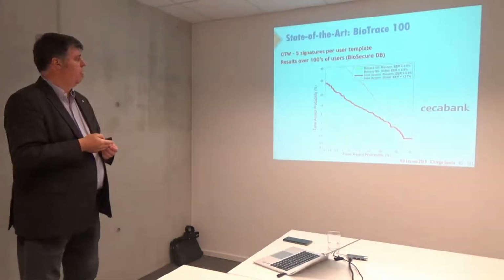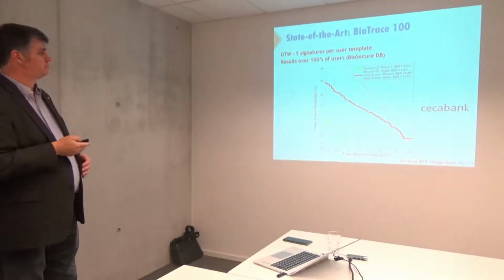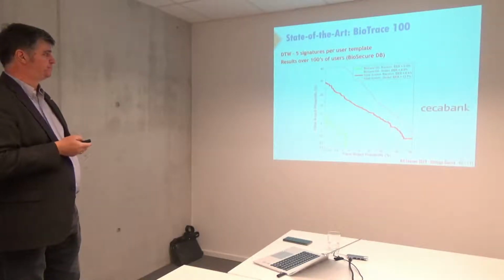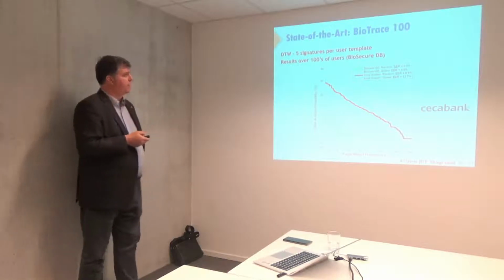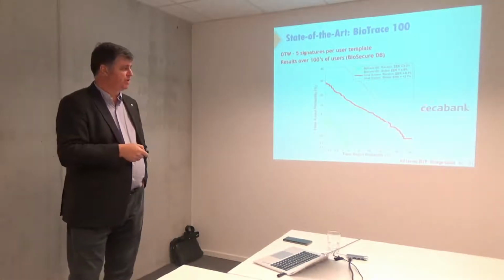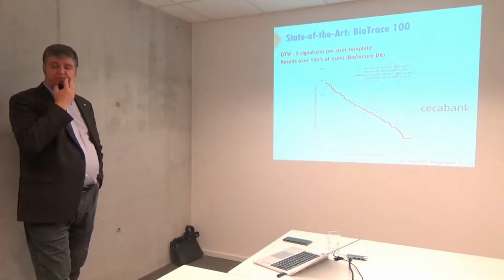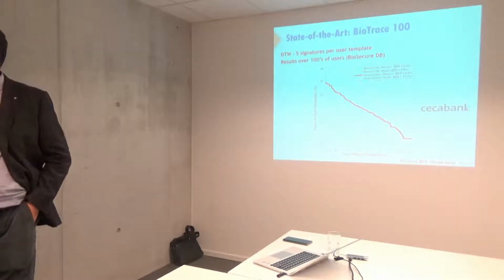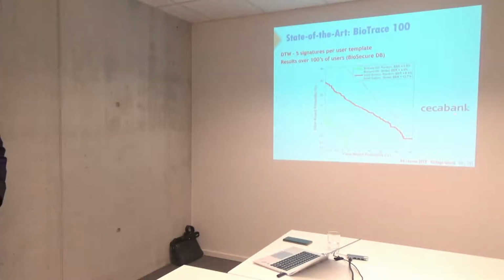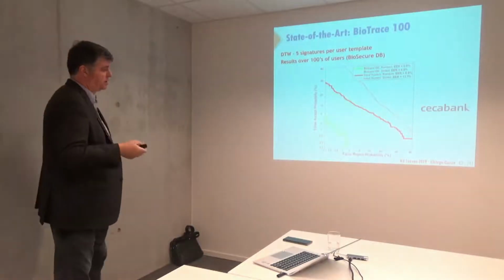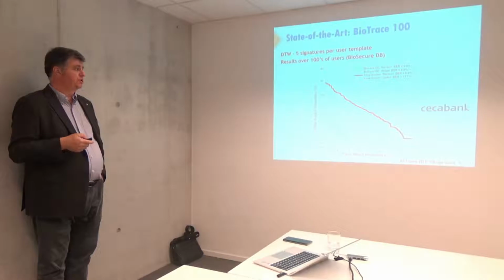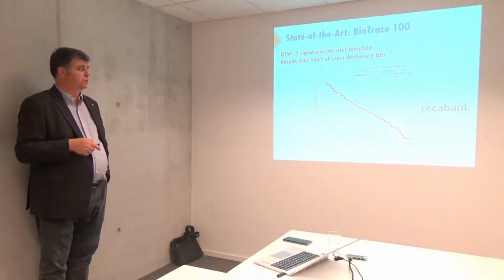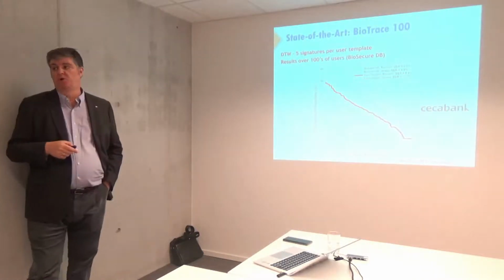But here, and this is quite state of the art, we have a huge contract with some Spanish banks, and there is a banking association called SECA Bank. And these are the results of our current system in real conditions, with about 0.6% equal error rate.